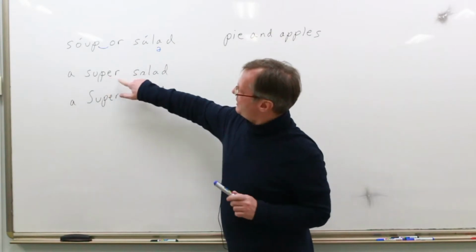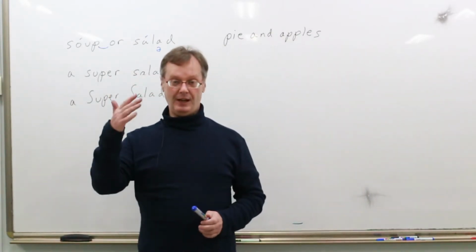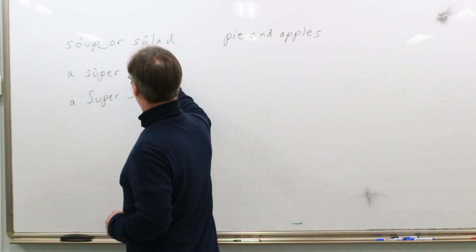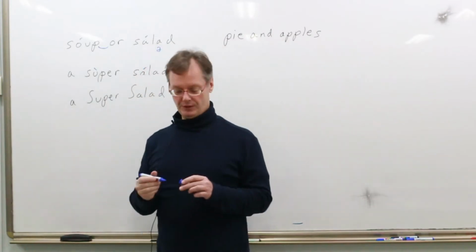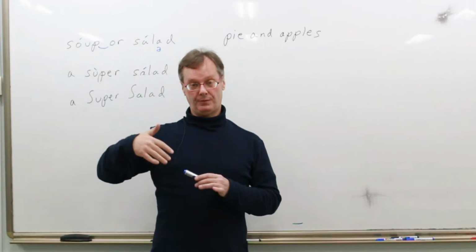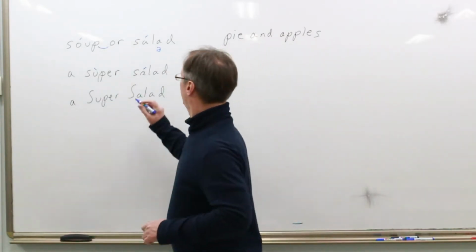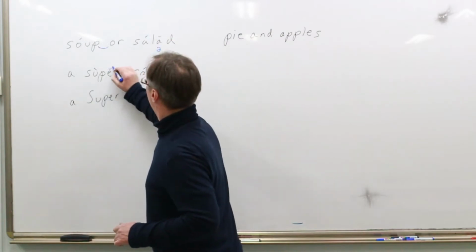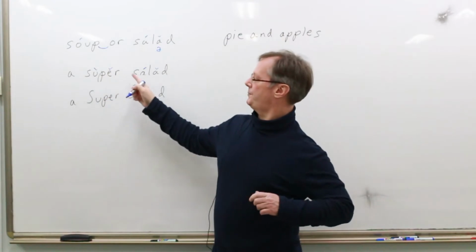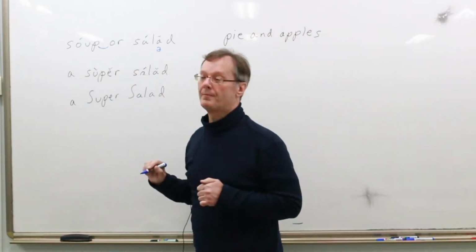If this is an adjective plus a noun, so kind of a normal noun phrase, adjective, noun, of course the adjective has stress, but the noun has more stress than the adjective. So in English, the noun has a little more stress than the adjective before it: a super salad. So "super" has a stress, and "a" is unstressed. We have a super salad. So that's stressed, but the noun has even more stress because the noun is more important.